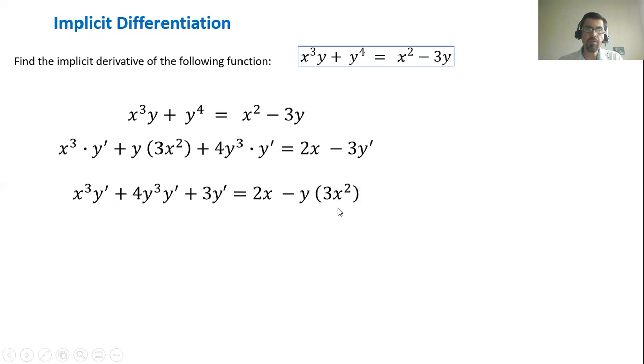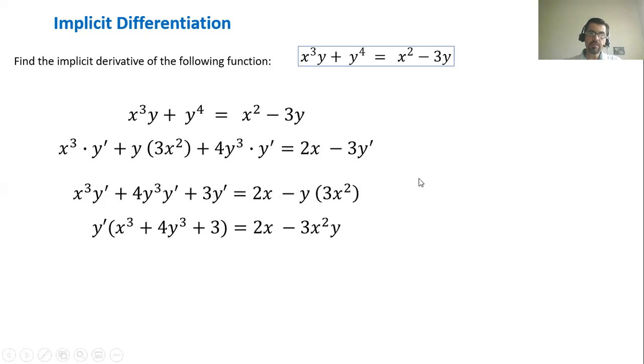The next term, 4y cubed y prime, we leave here. And the term negative 3y prime, which was on the right-hand side, we added on both sides of the equation, and now we have 3y prime. That's going to be equal to 2x minus y times 3x squared.